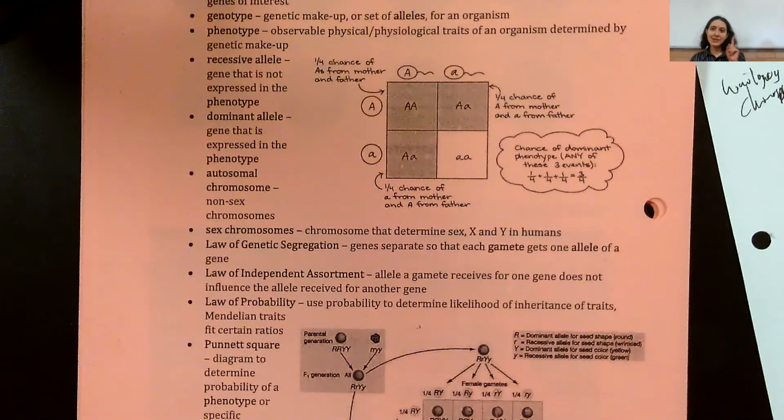We have two sex chromosomes, which are the ones that actually determine sex, which is X and Y in humans. In other organisms, like some fish and amphibians and lizards and birds, it can be ZW. There's a couple of different systems for determining male, female.